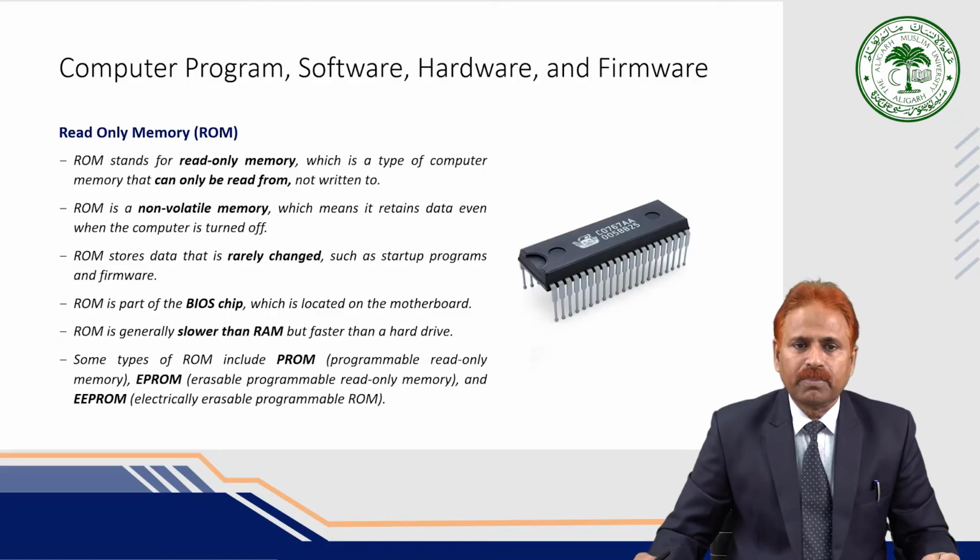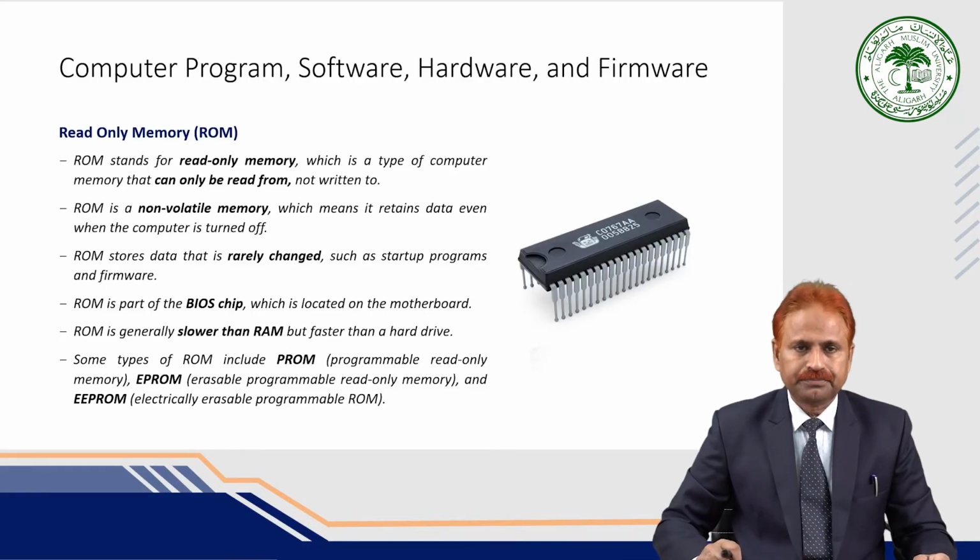ROM is part of the BIOS chip, which is located on the motherboard. ROM is generally slower than RAM but faster than a hard drive. Some types of ROM include PROM, which stands for programmable read-only memory, EPROM, meaning erasable programmable read-only memory, and EEPROM, electrically erasable programmable ROM.